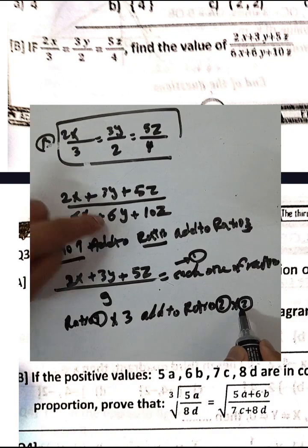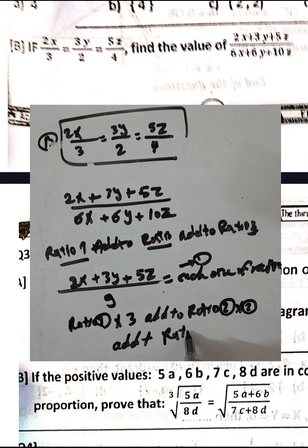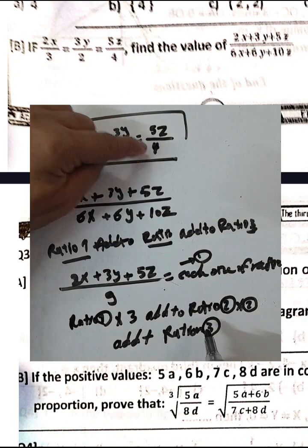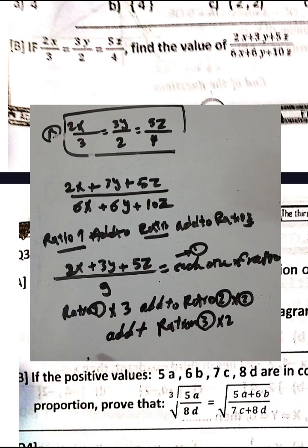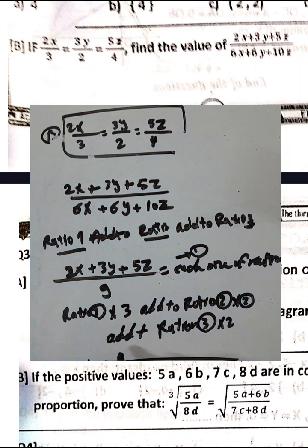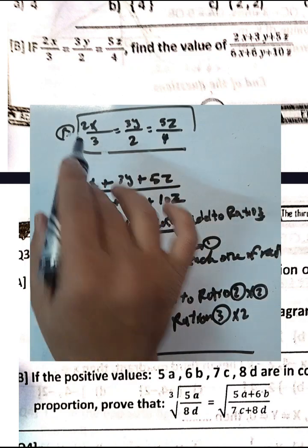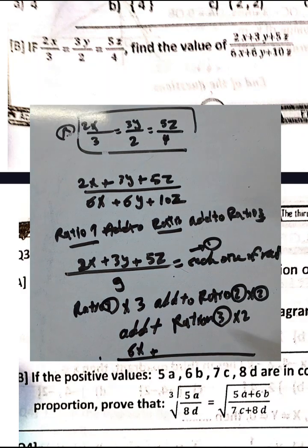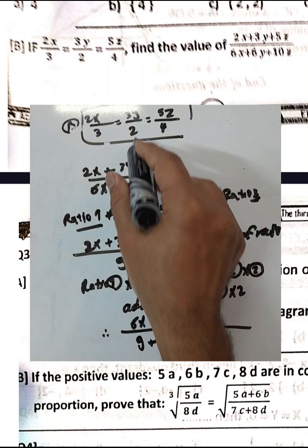And ratio number 3 multiplied by 2, because 2 times 5 equals 10. Then 3 times 2 equals 6, we can write 6x. And 3 times 3 equals 9, and 2 times 3 equals 6, write 6y. And 2 times 2 equals 4.